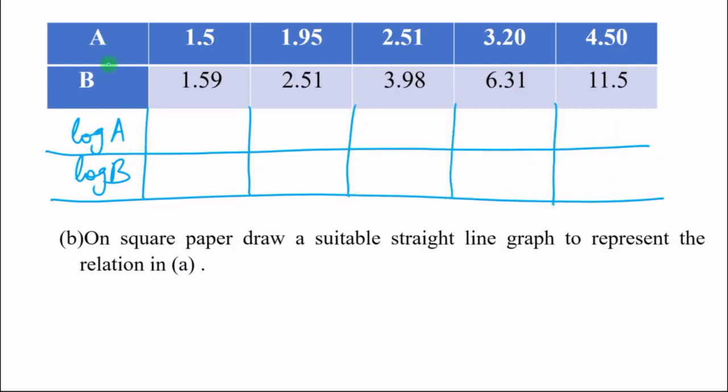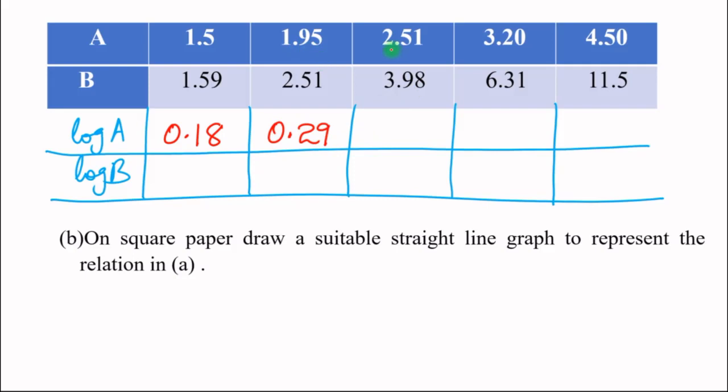So log A, using the row for values of A, log of 1.5 is given by, using a calculator, 0.18. Then log of 1.95 we get 0.29.